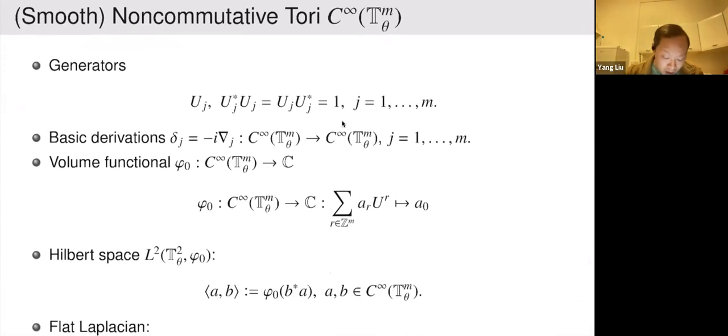So to continue, since we're just going to talk about some more technical questions, I can work with not only the non-commutative 2 torus, but say non-commutative M tori. So here are the basic notations.